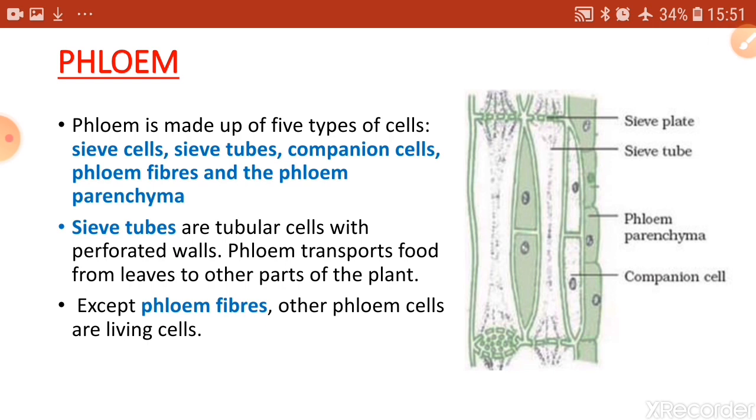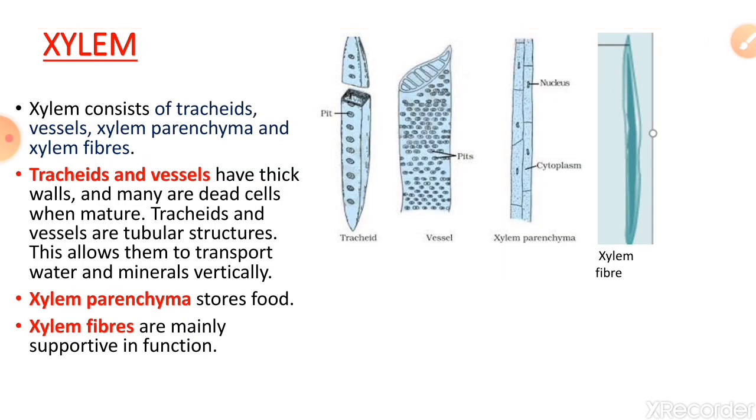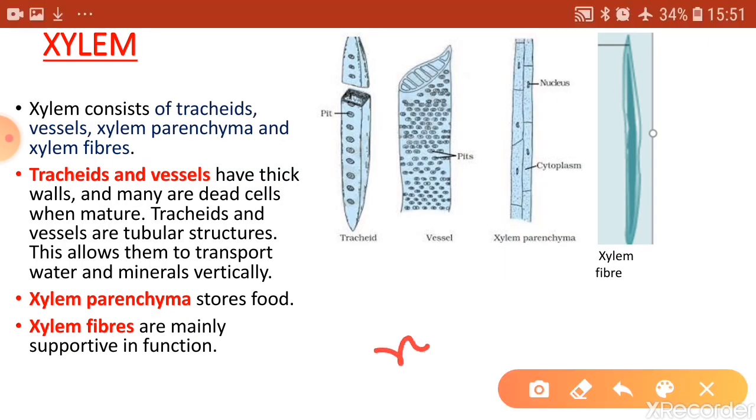Phloem translocates food, and translocation of food through phloem is bidirectional. What does it mean? In the case of xylem, I said that water is transported from the roots to the upper parts of the plant, that is, the transportation is unidirectional.